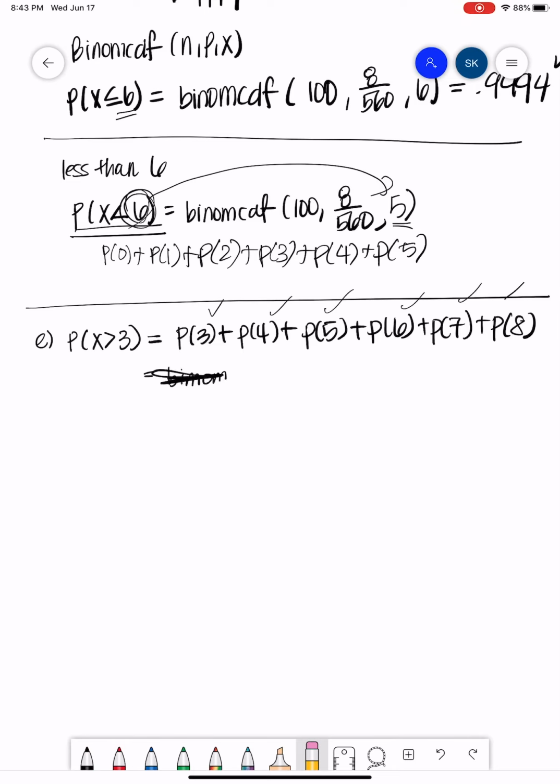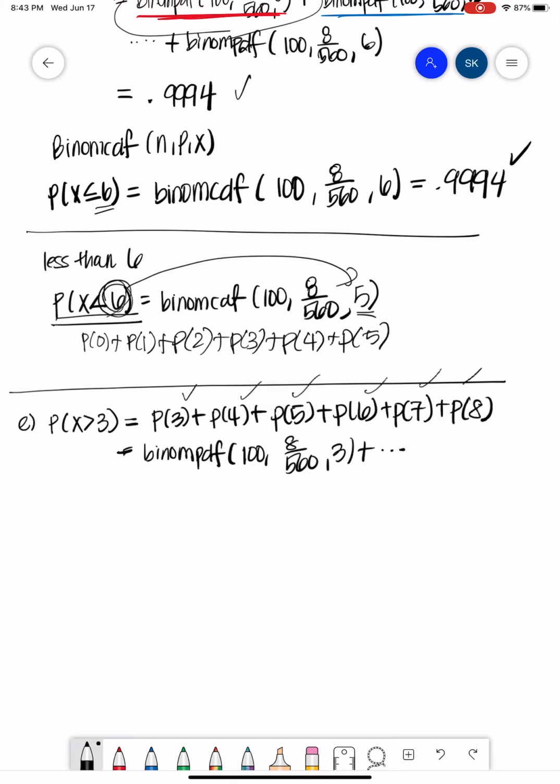I'll just write down the first one and you can follow the pattern: binom PDF, 100 times 8 out of 560, comma 3, and so on. Now we're going to get some answer there, right?